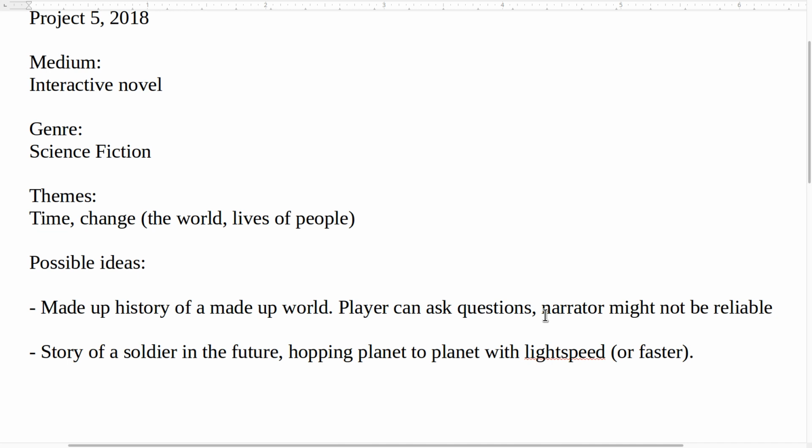And then, of course, as you know, time is relative, so time moves forward in hundreds of years, or at least dozens.